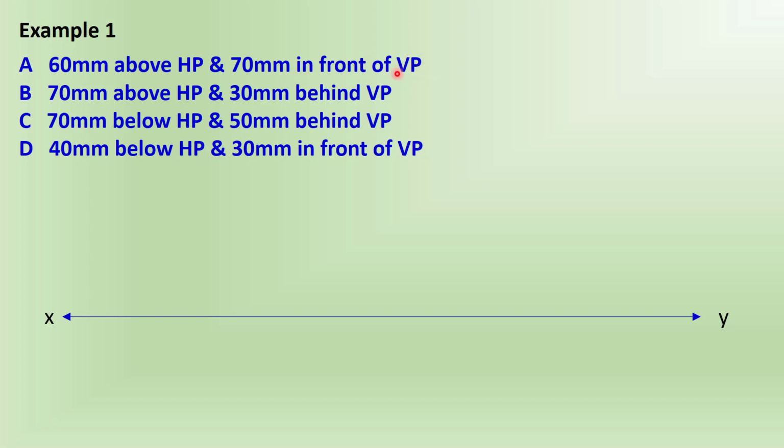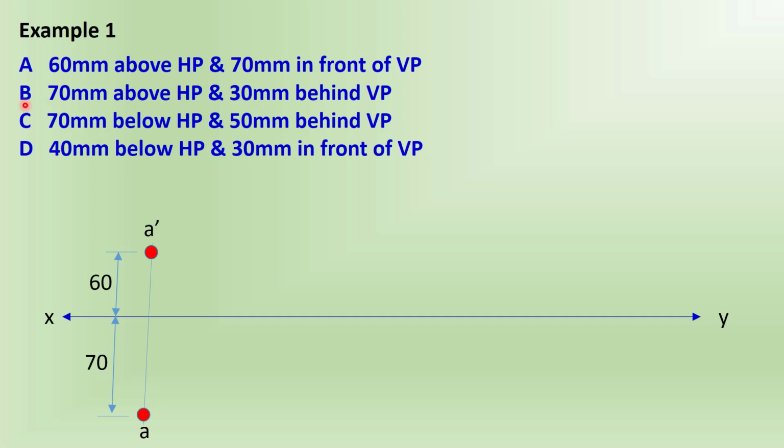So plan will be below XY and its distance will be 70 mm. So we can draw that one. See, A dash, that is elevation, is above XY line and it is 60 mm. Plan is below XY line and it is 70 mm. So plan is denoted by small letters and elevation is denoted by small letters with a dash.